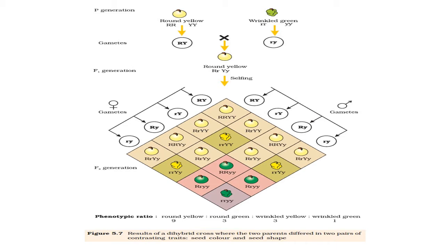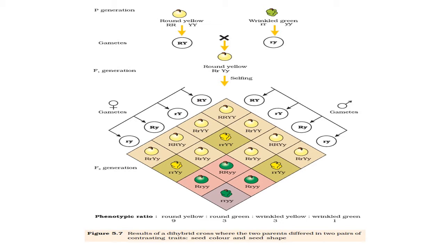On both sides, row and column, you can see these gametes, one side we can imagine as female and the other side as male gametes. When we study the cross through the Punnett square method, with four types of gametes we form 16 boxes by fusion of these gametes, and this cross results in 16 possibilities.